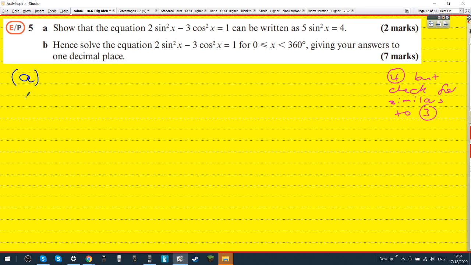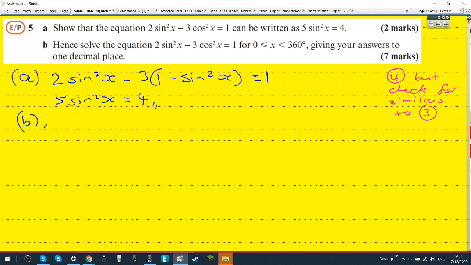So do you need to convert cos into sine? Yep. Okay. So it'll become minus 3 brackets 1 minus sine squared x equals 1. Yep. And then you'll be fine for the rest of that. It'll become 5 sine squared x equals 4 eventually.